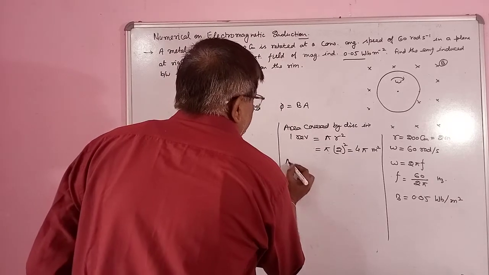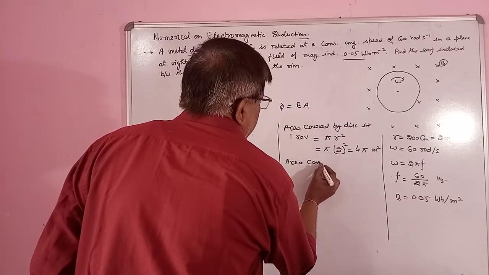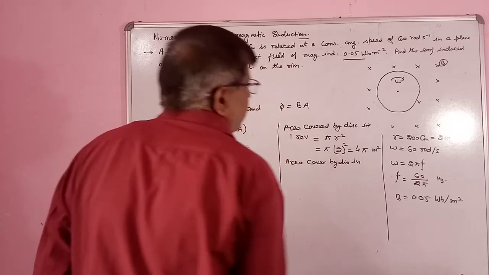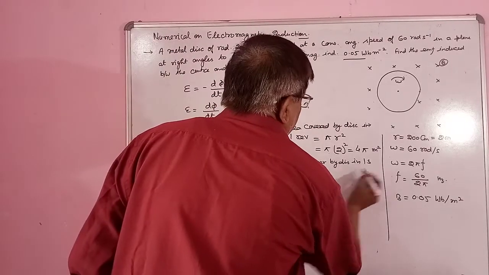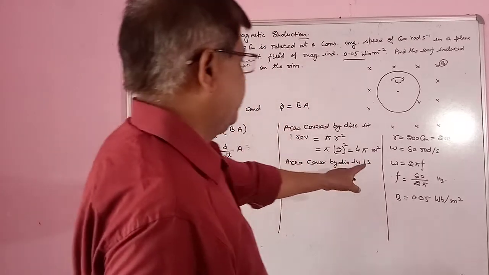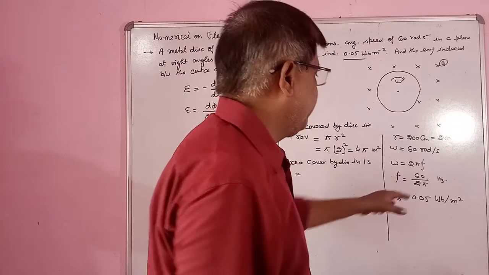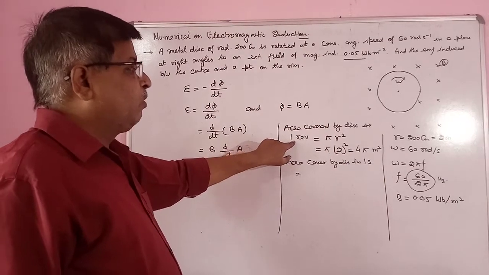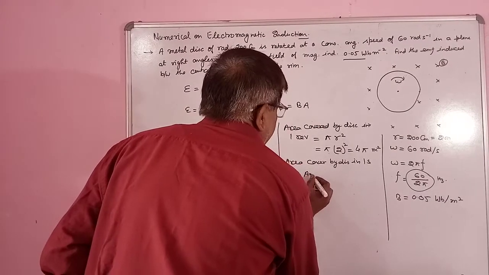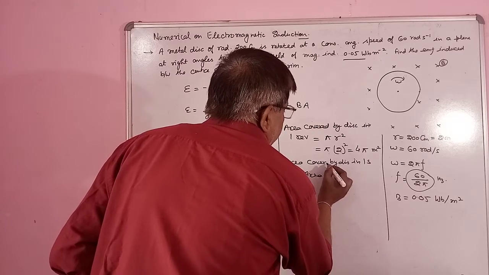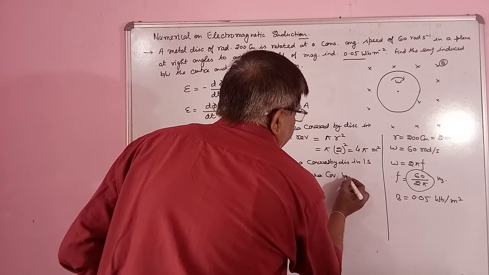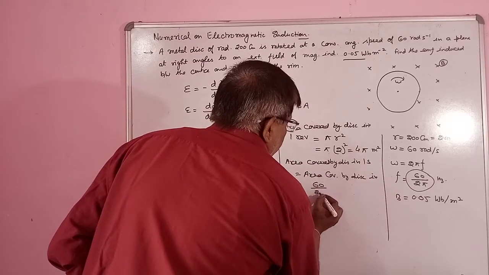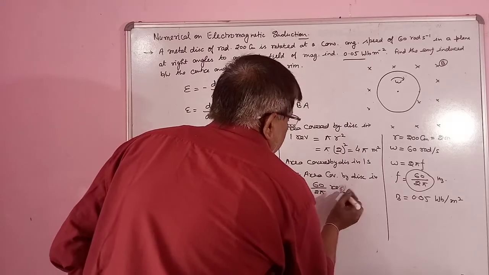Again, the area in 1 second. 1 second means the area covered by the disc in this many revolutions.